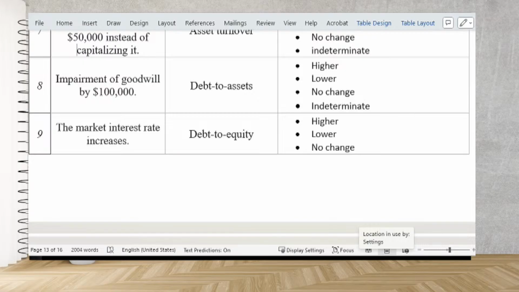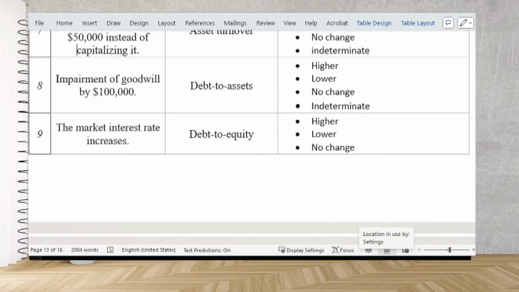See, what happens if the market rate increases? Does it affect the debt or the equity? Debt. Debt to equity, yes. Correct.